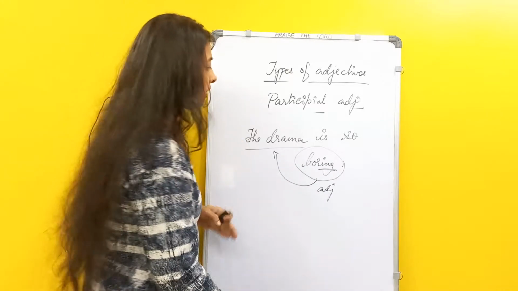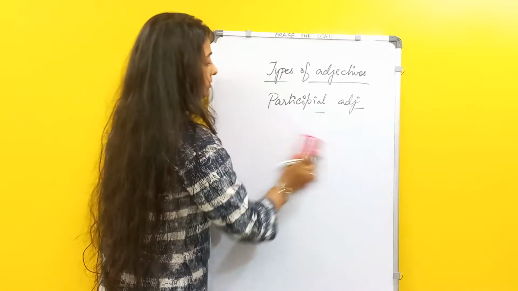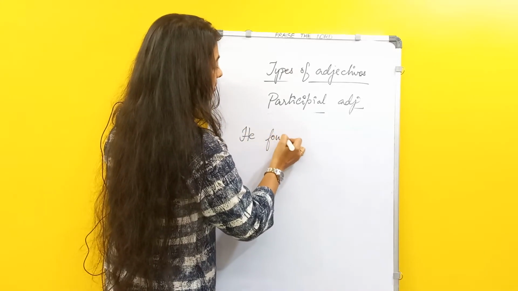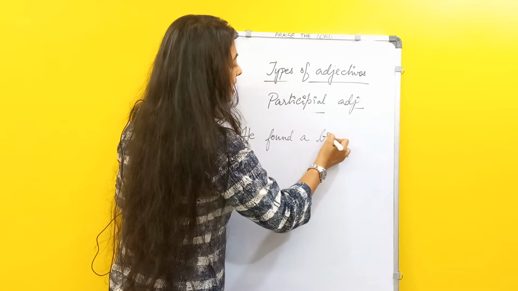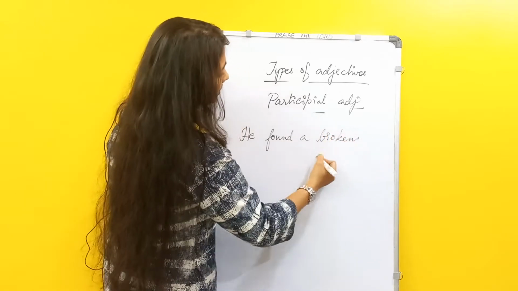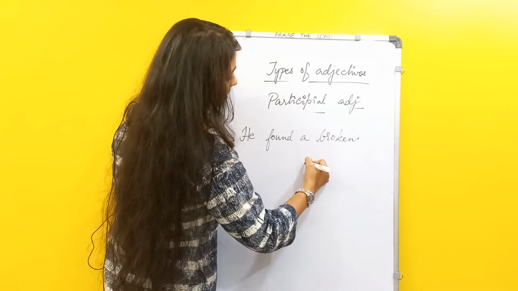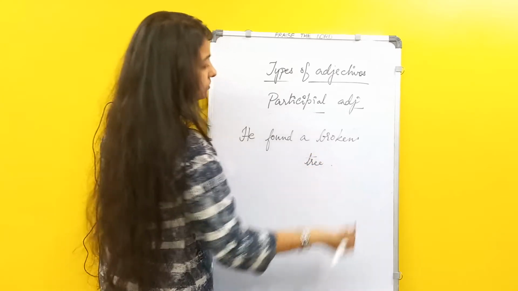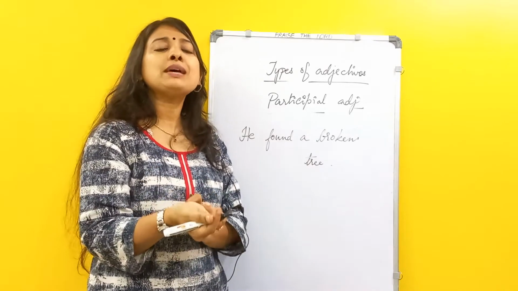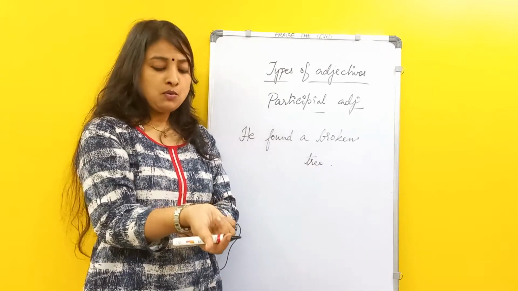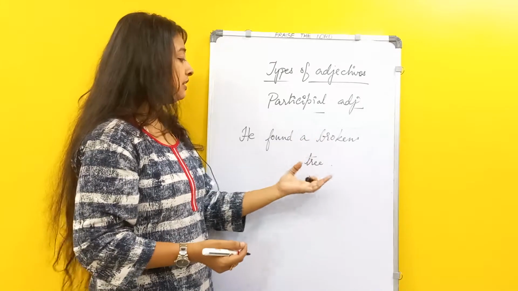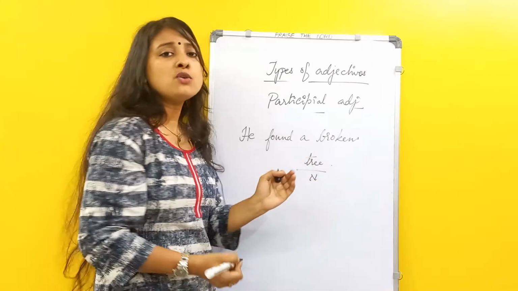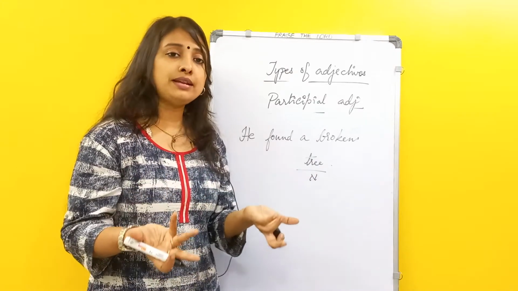Similarly, you can say, he found a broken tree. What is this? Broken. He found a tree, which is a noun. What type of tree? A broken tree.